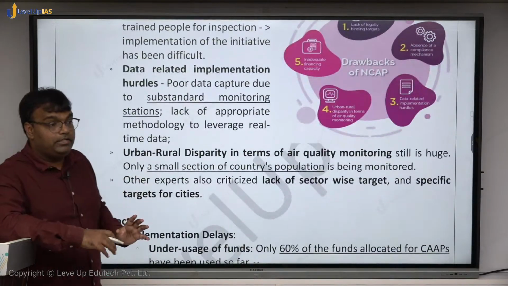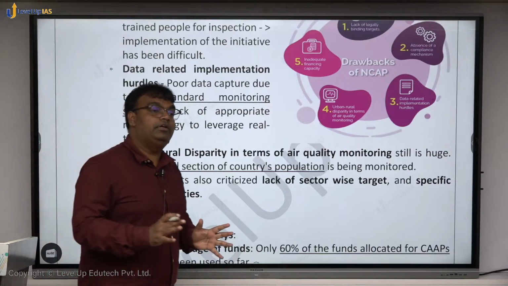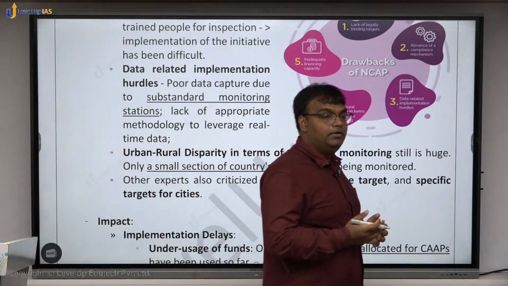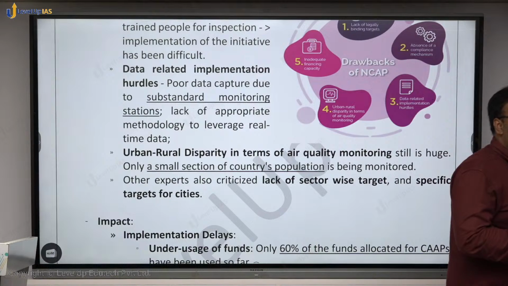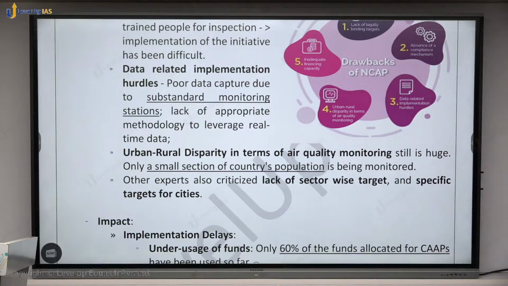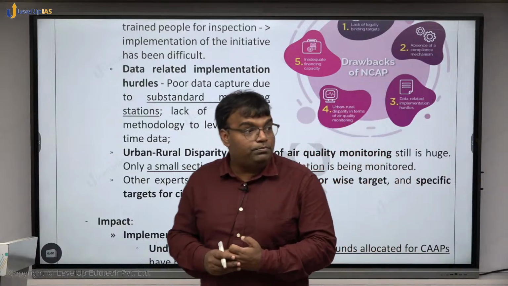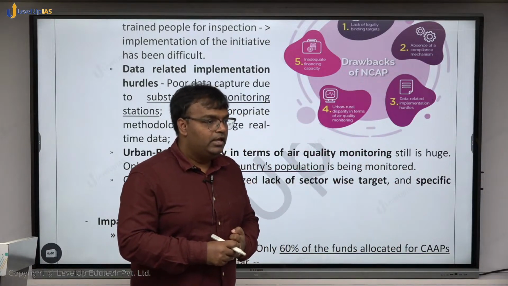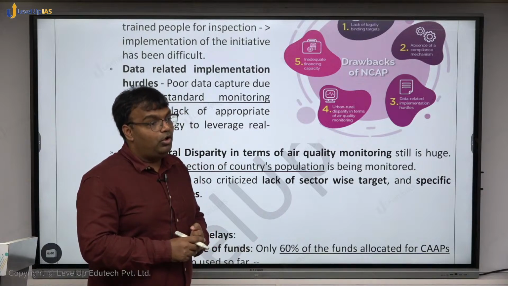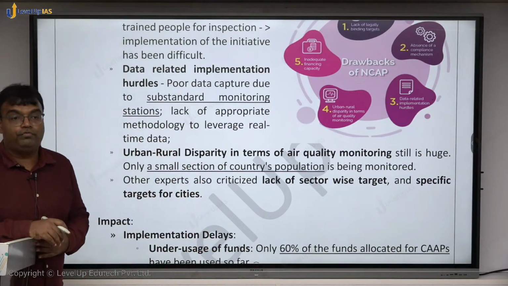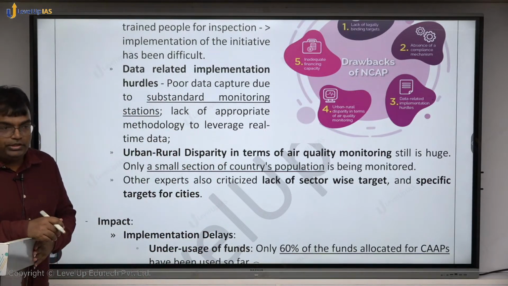Urban rural disparity is another limitation. NCAP is primarily focused in urban areas, but recent studies shows that even in rural areas, because of use of solid fuel and all, pollution problem may be very high, and we should be emphasizing on those areas also if we want to fight pollution in the country.